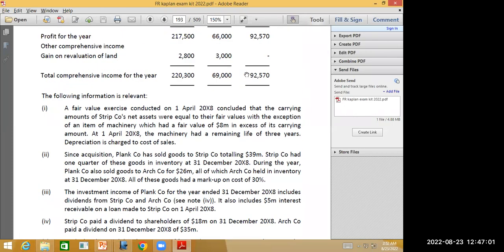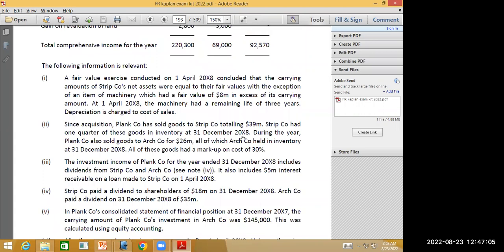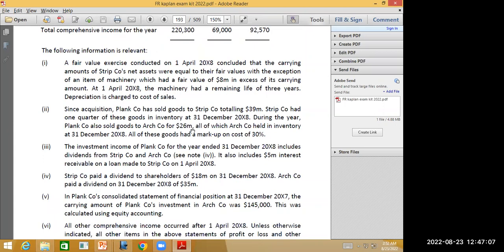The associate company has the name Art. Now, please read note number 2 and make the relevant accounting entries.